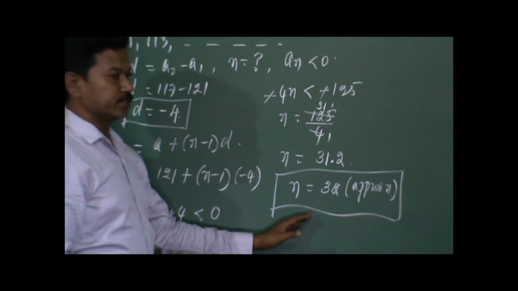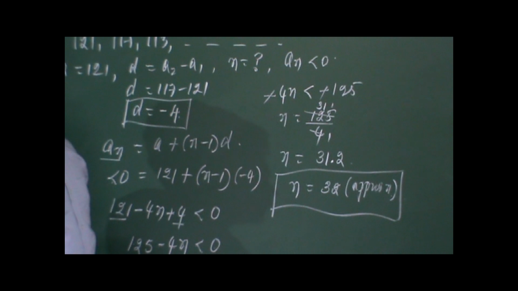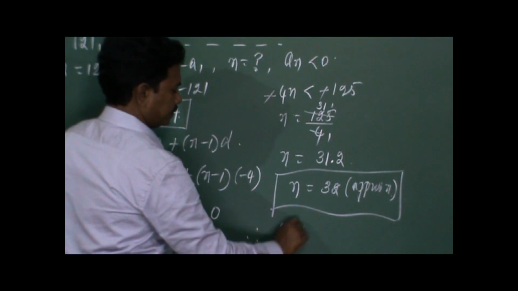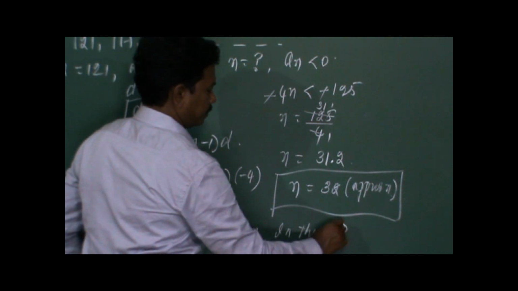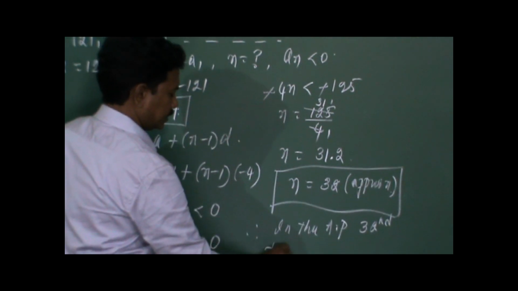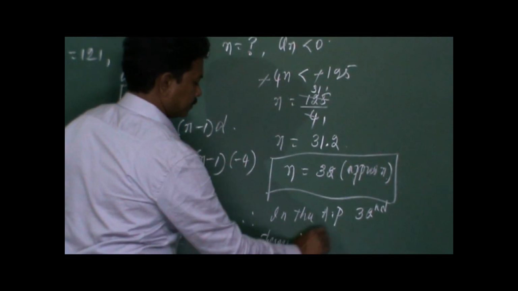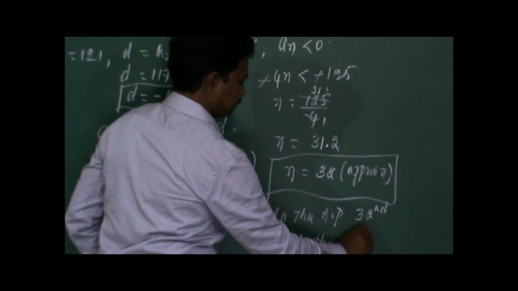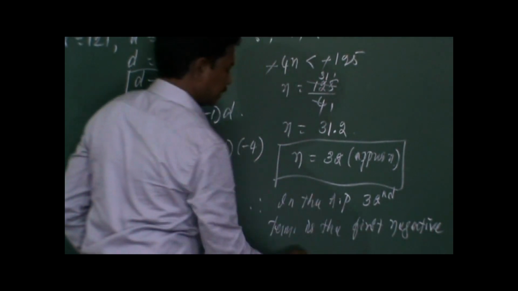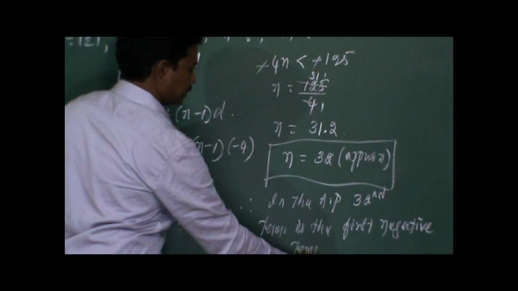It's a confirmation that n is equal to 32 is the first negative term. So in the AP, the 32nd term is the first negative term. So this is the answer.